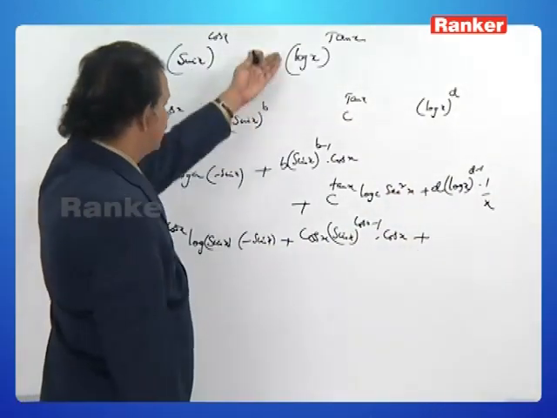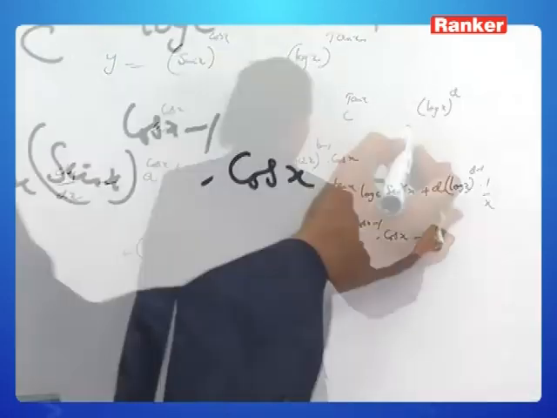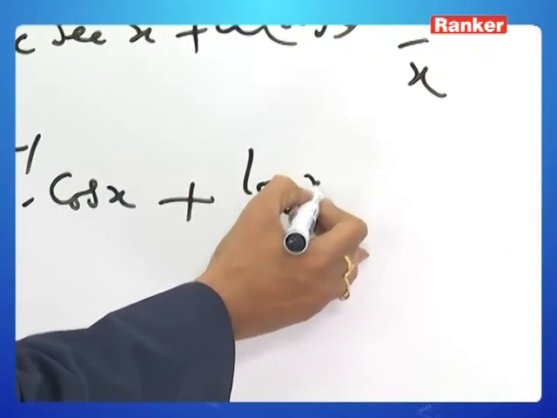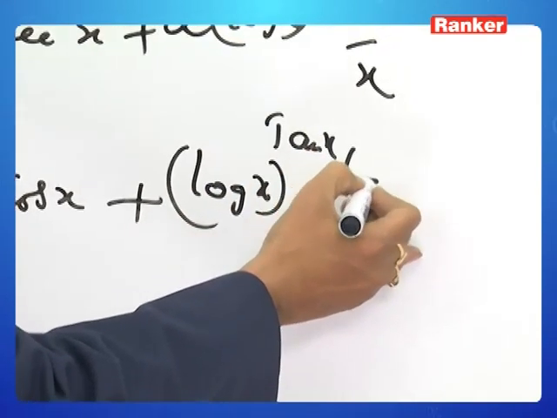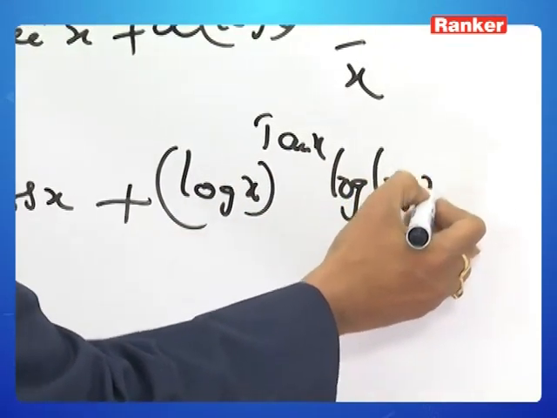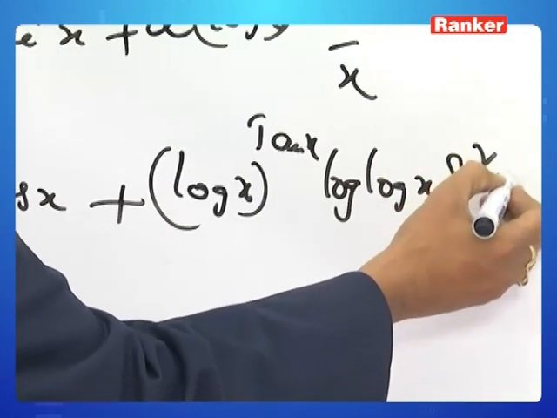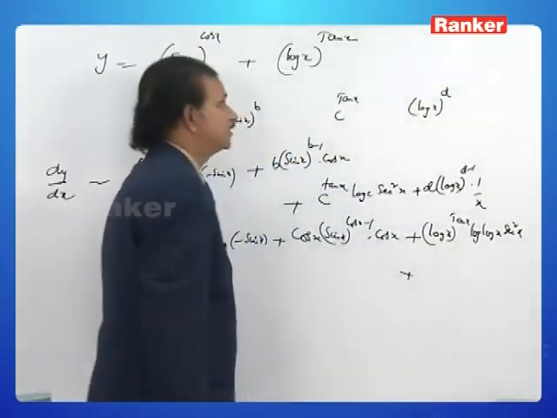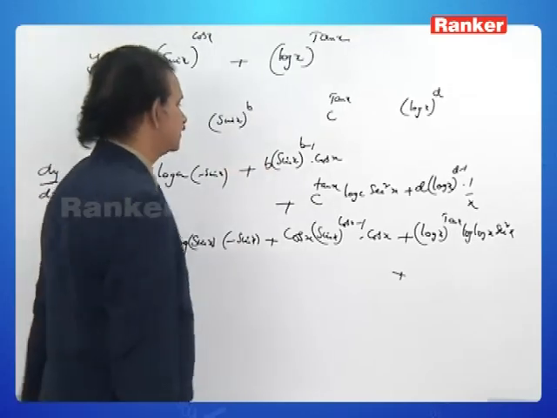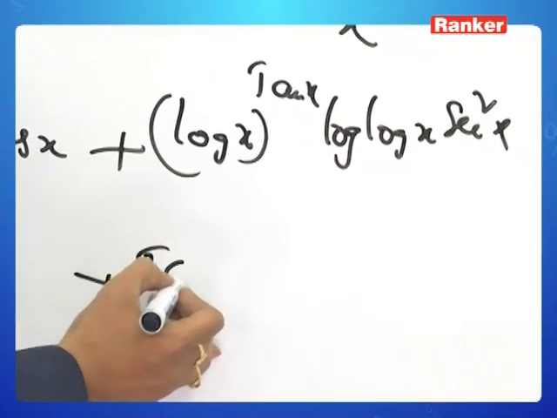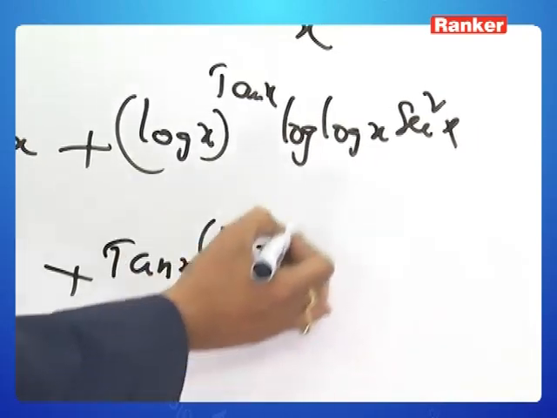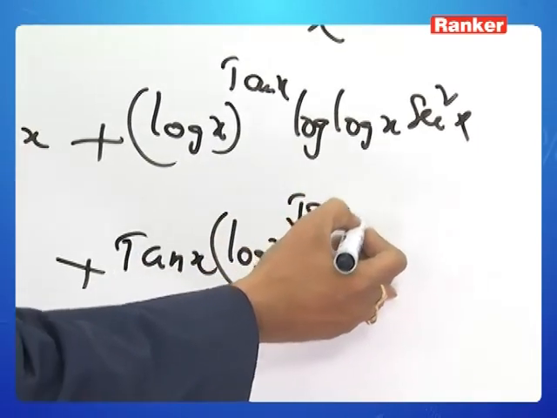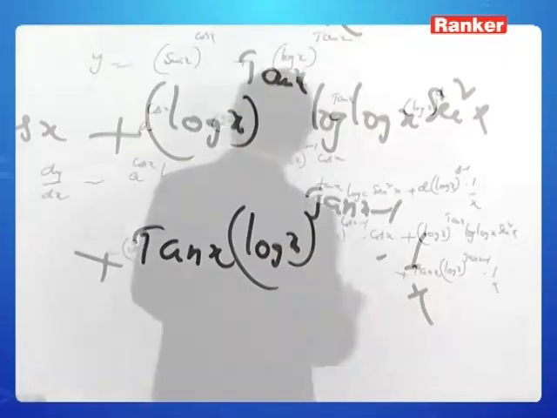What is c? Log x. Log x whole power tan x into log of log x into secant square x. What is d? D is nothing but tan x. Tan x into log x whole power tan x minus 1 into 1 by x.